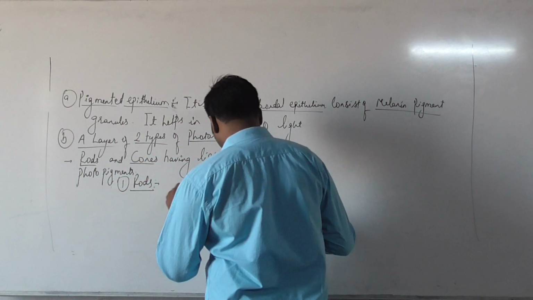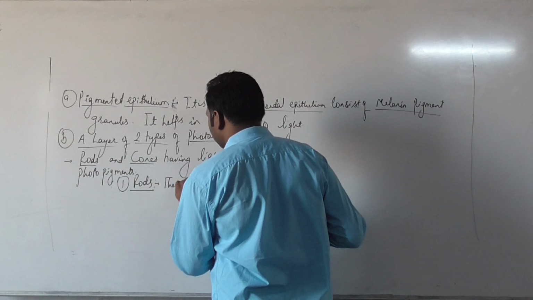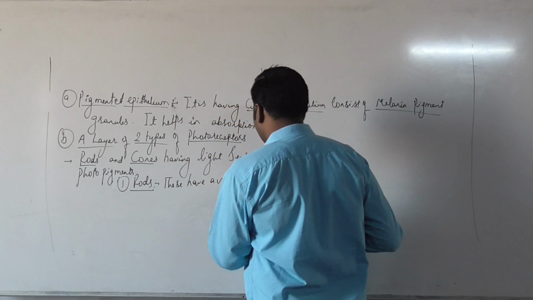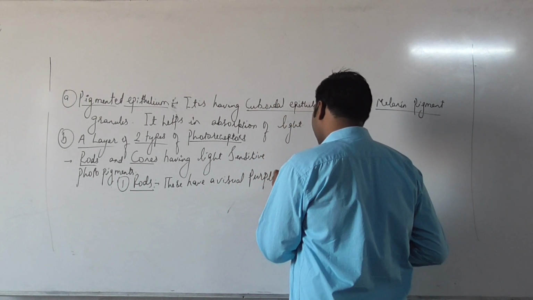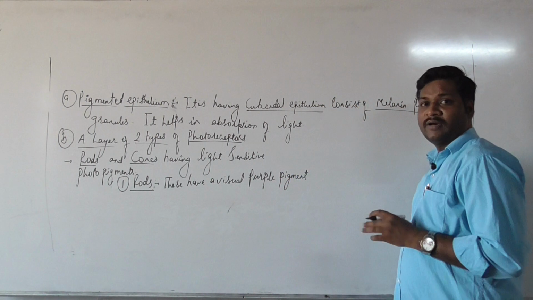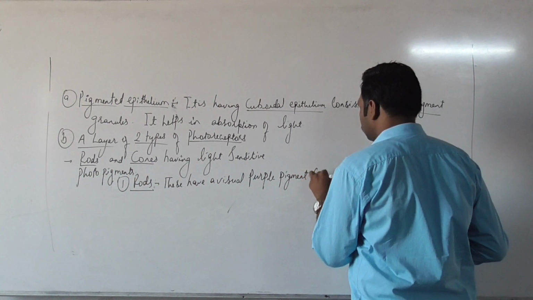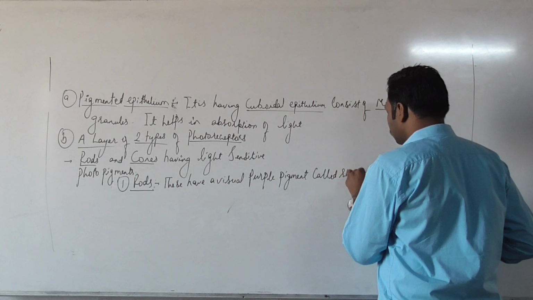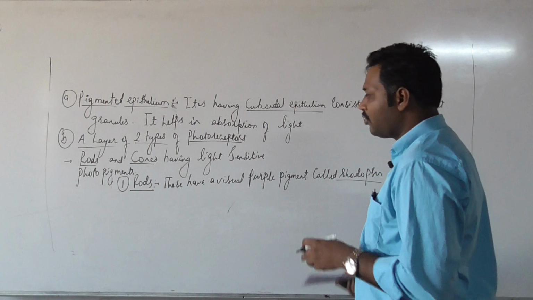Basically, these have a visual purple pigment, called rhodopsin. This is the pigment which is found in the rods.